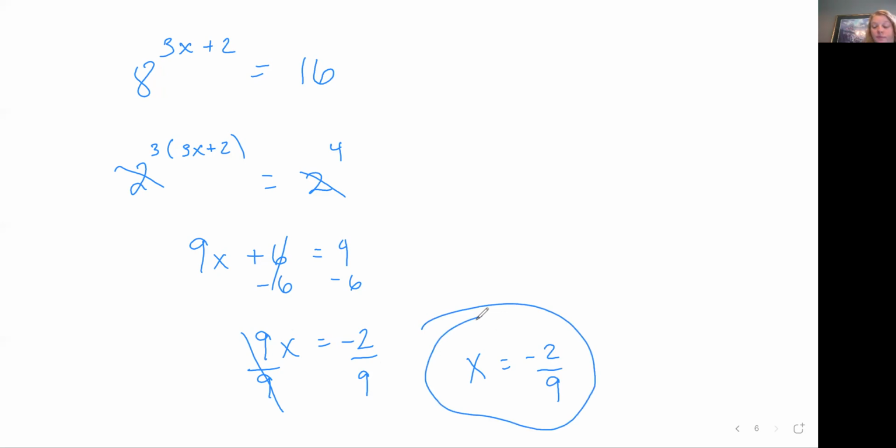All right. Now the next one, you're going to have your calculator because you're going to have to use logarithms to solve. So we get 10 to the negative 2x plus 2 is equal to 8. There's no way to rewrite 10 and 8 with the same base, but I can take the log of both sides. Remember, our common logarithm has a base 10, and so log base 10 and a 10 will cancel each other.